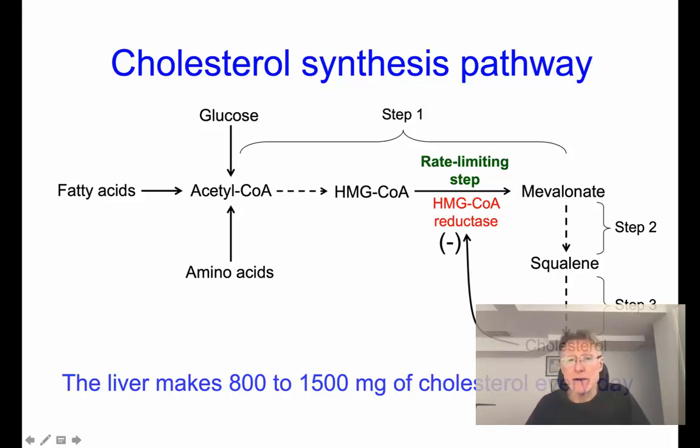So why I want to just spend a couple minutes here talking about this rate-limiting step is because it's called HMG-CoA reductase, the enzyme that actually catalyzes the conversion of HMG-CoA into mevalonate. So in other words, for you to make this rate-limiting step, you need this enzyme.